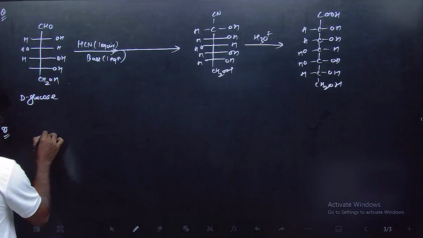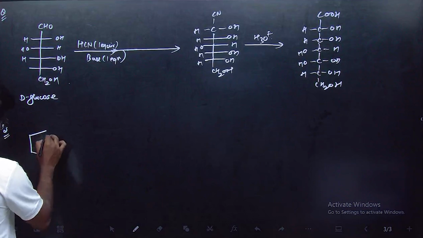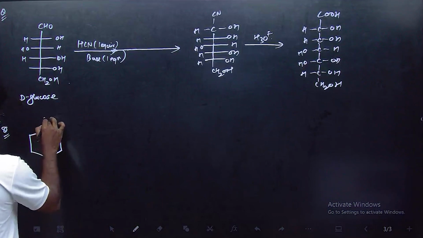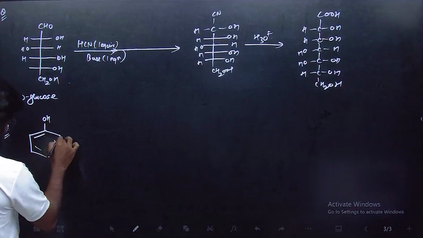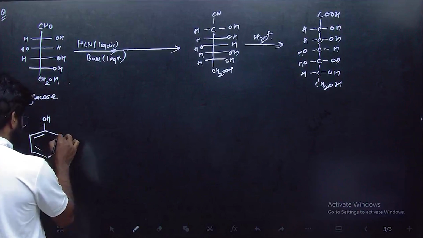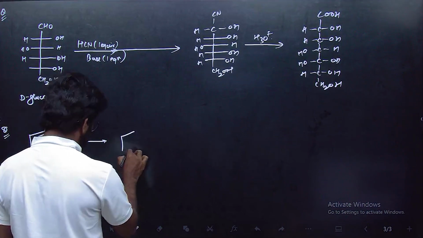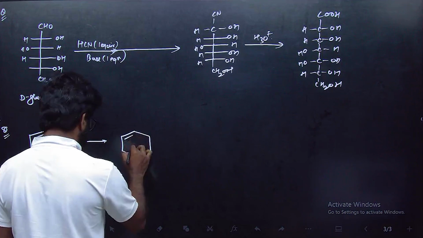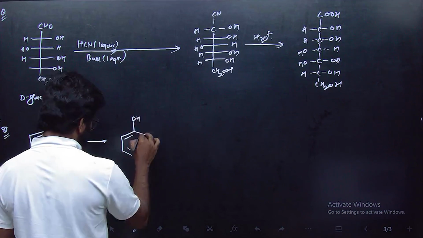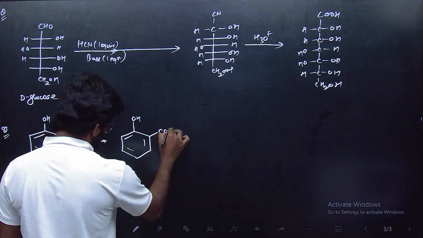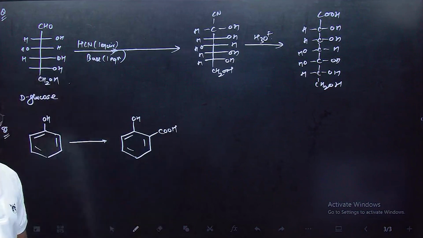Now, suppose you have this. Now this is again a very important question, and we have practiced this question in the previous chapter as well. That if I want to prepare this to this, how am I supposed to do this conversion?